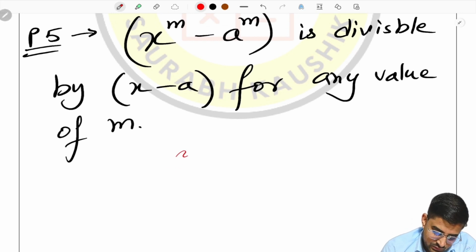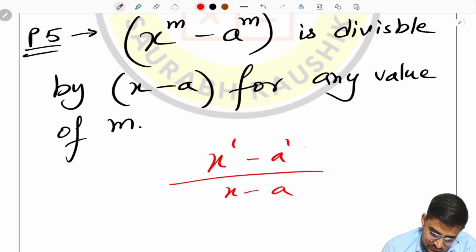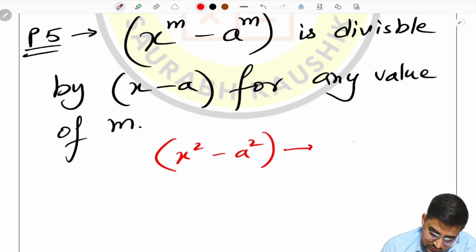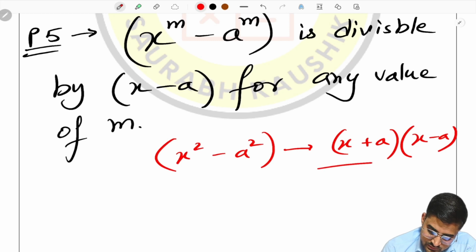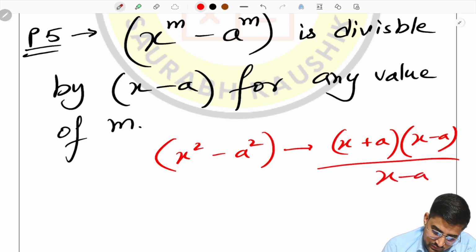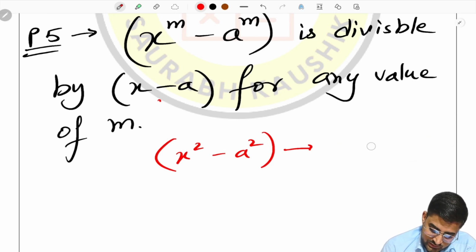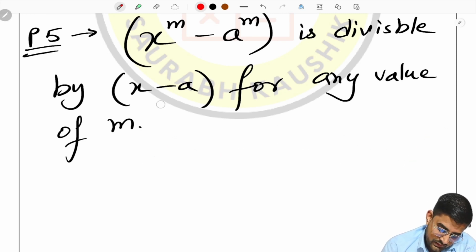If you put m is equal to 1, then it is gone. Let us put x square minus a square. This expression is x plus a times x minus a. In algebra, when you divide by x minus a, this cuts. So this is always divisible by x minus a, whatever you want to take.